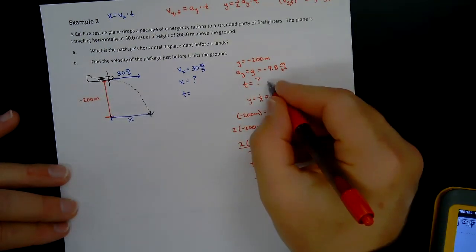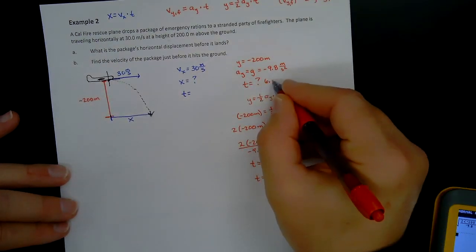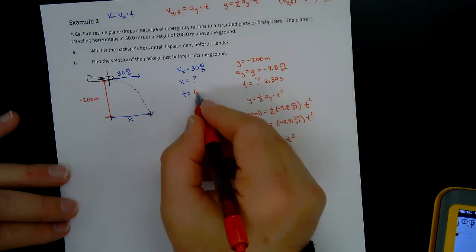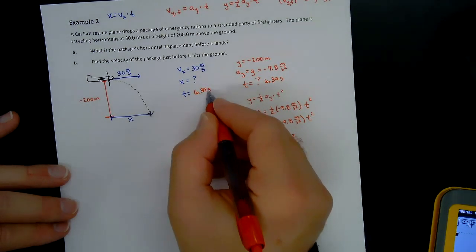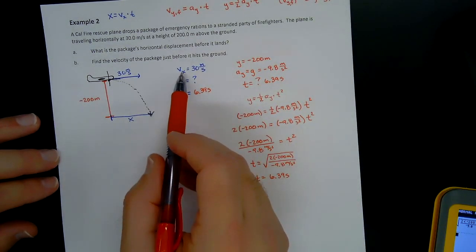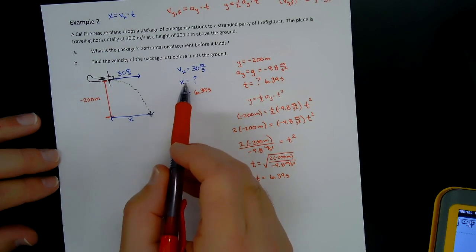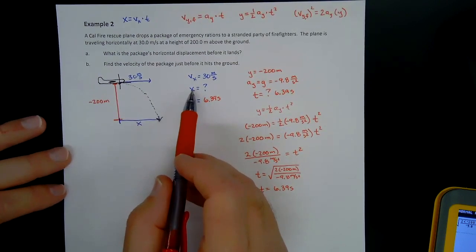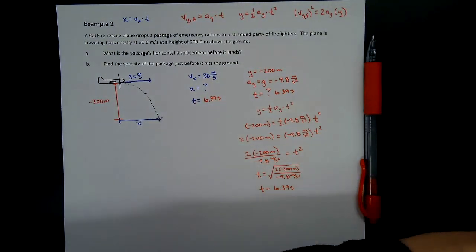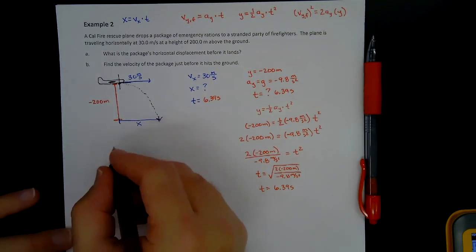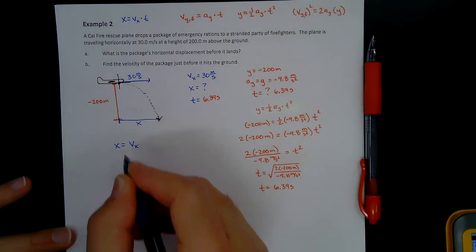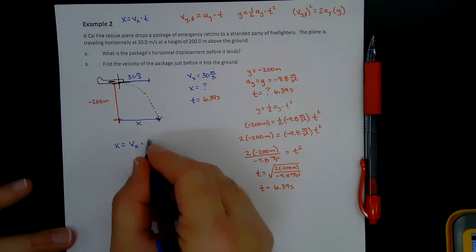So this is 6.39 seconds. That makes this one also 6.39 seconds, all right? And now because I have the time for this one and the horizontal velocity, I can figure out my horizontal displacement here, okay? So I know that x is equal to the velocity in the horizontal direction times time.